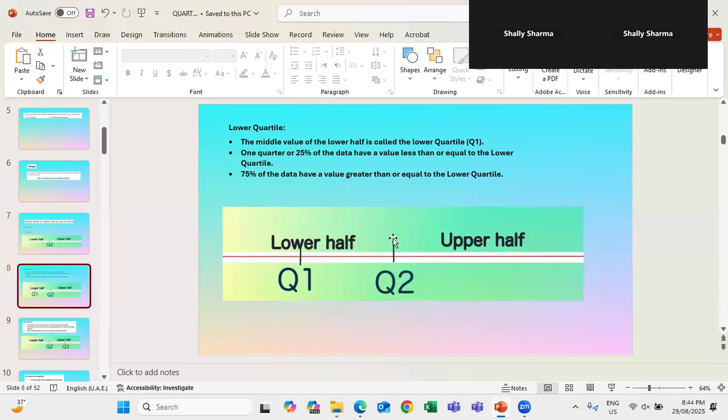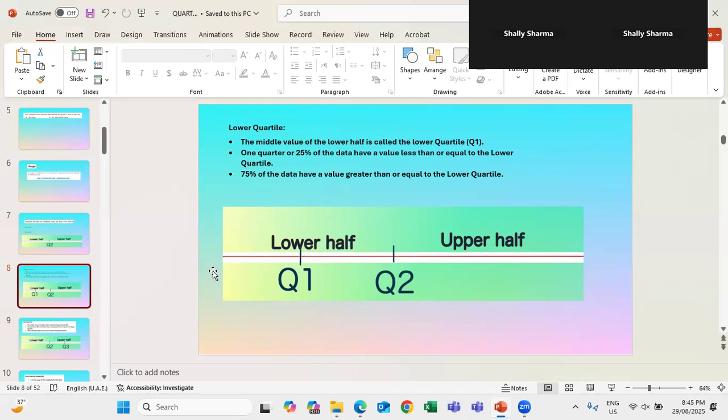When we draw this median, we get lower half and we get upper half. Now if I find the middle value of this lower half, that is known as the lower quartile, and it is represented by Q1. There are 2 steps.